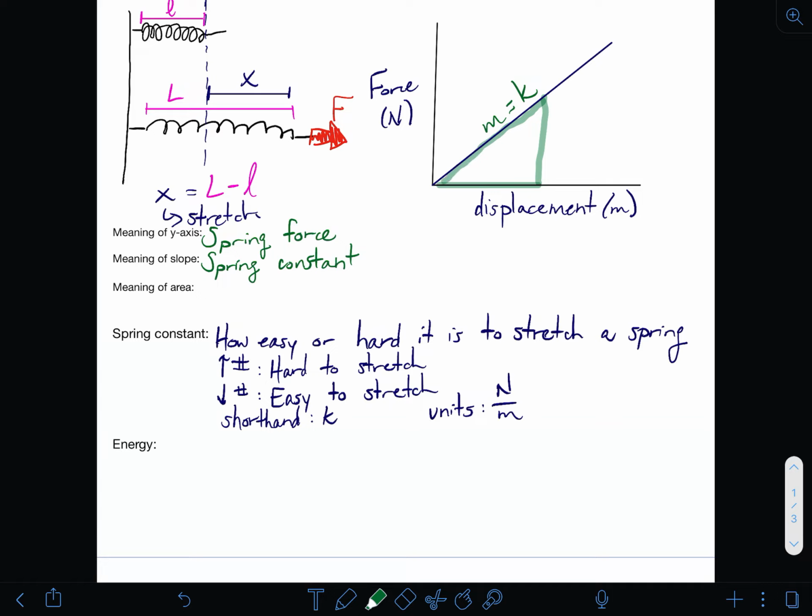So if I draw in the shape here that is generated by my line and the x-axis, what I'm getting is this triangular shape. And as long as I can find the area of this triangle, I will be able to calculate another very important quantity, and this quantity is the energy stored in the spring.